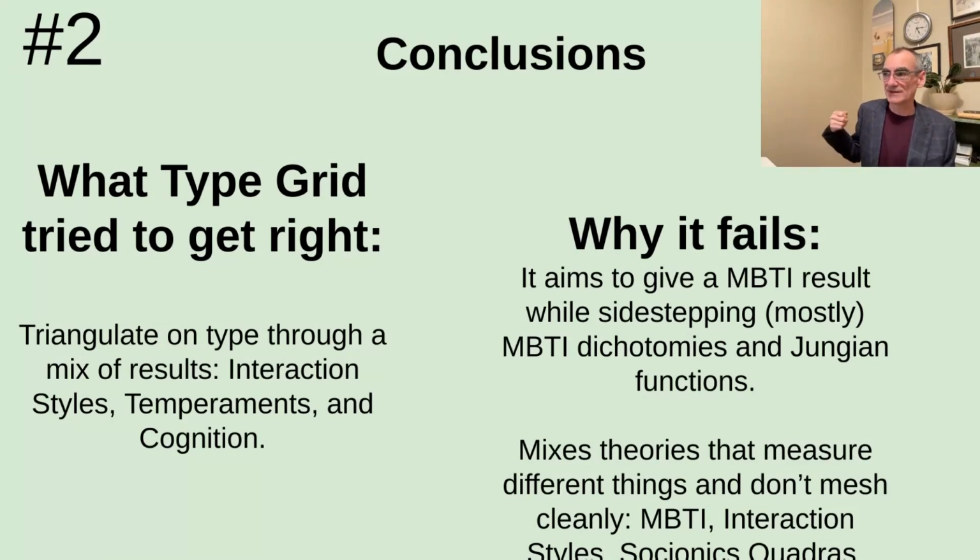Problem being, they went real heavy on interaction styles, and then everything else is kind of an afterthought. And it doesn't note that the lenses each are different tools that measure different things, as opposed to the way that Type Grid Companion presents itself, that it's all one kind of cohesive personality theory, which it is not.